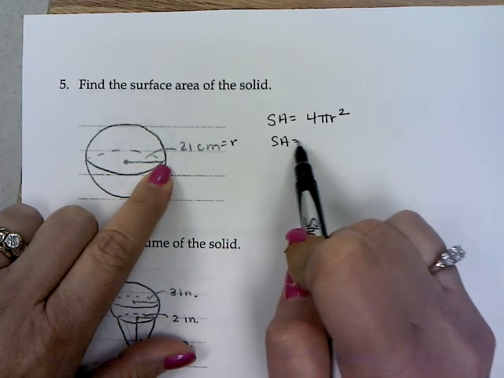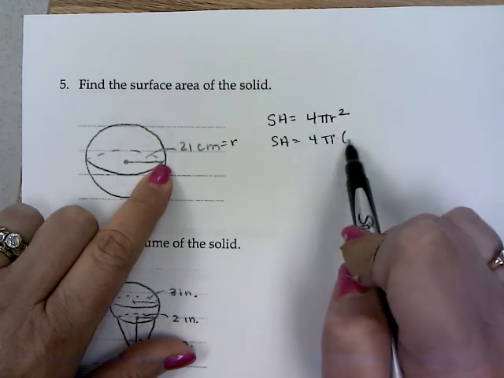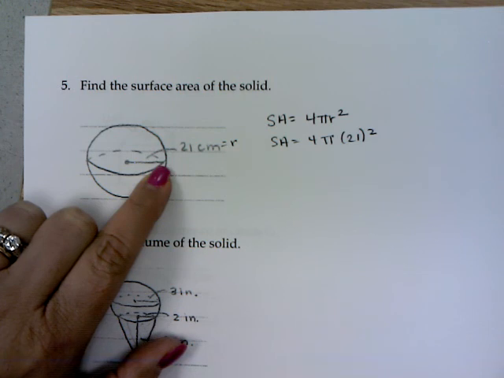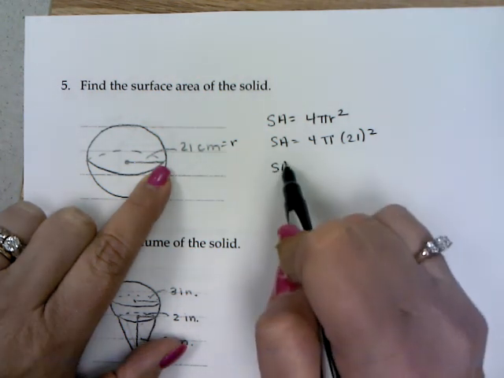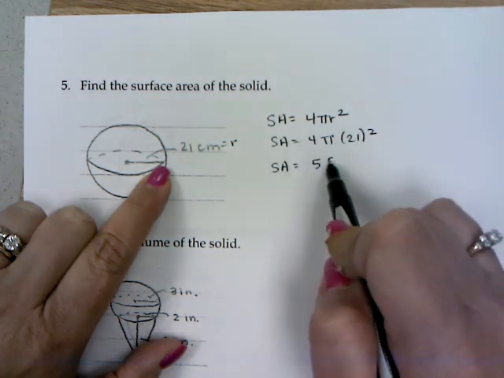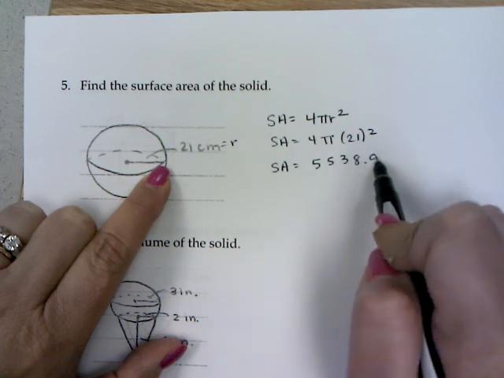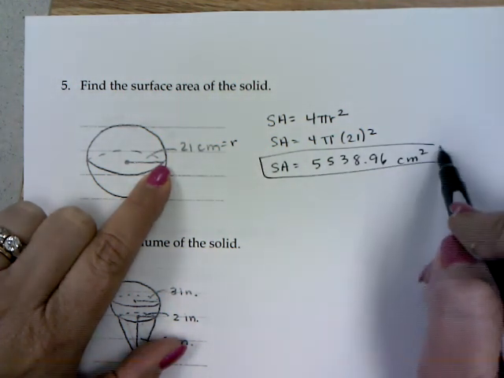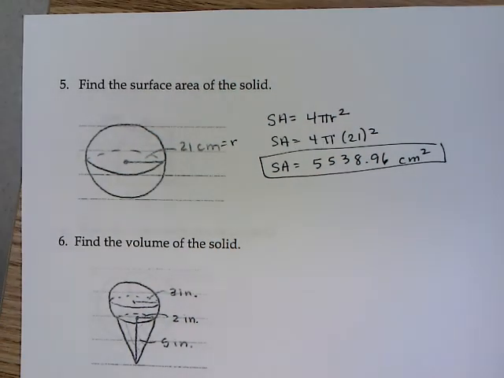So surface area, 4 pi 21 squared. So I have a big number as my answer when I put it all into my calculator. And again, because it's area, it's squared units.